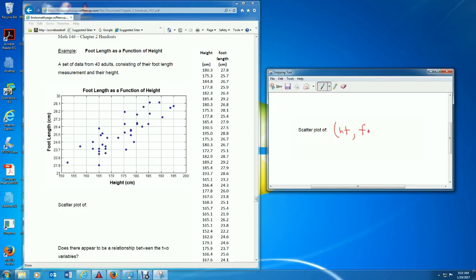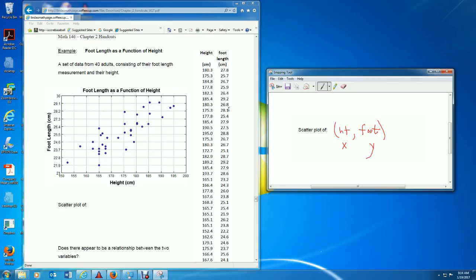I'm just going to abbreviate here. So the height is the x variable, the foot length is the y variable, and we always say y variable, foot length, as a function of x variable, height.